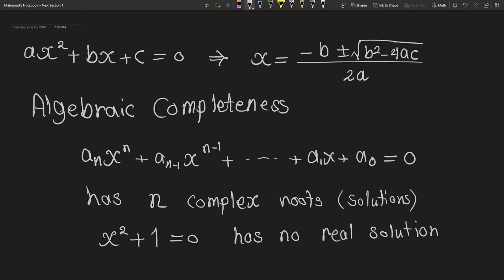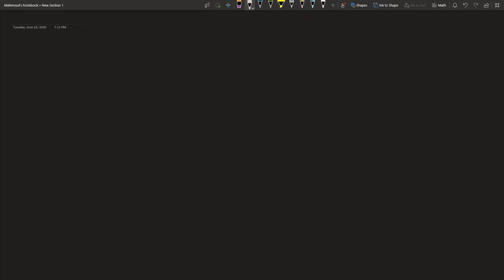Now, moving on, it turns out that complex numbers, as I said, have a pretty good visualization, in the sense that we can actually plot or visualize complex numbers. For that, let me add a new page.